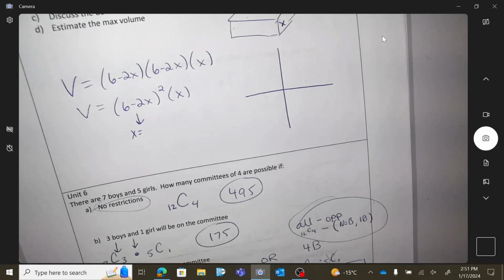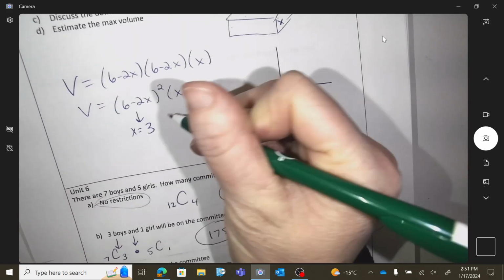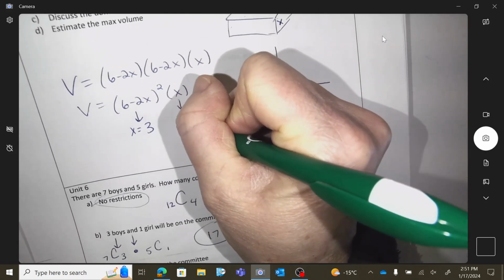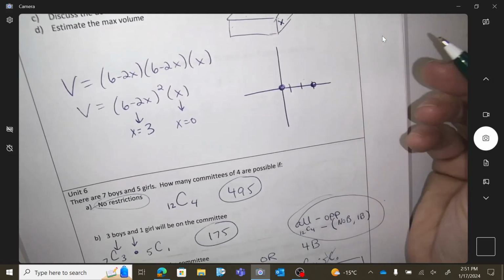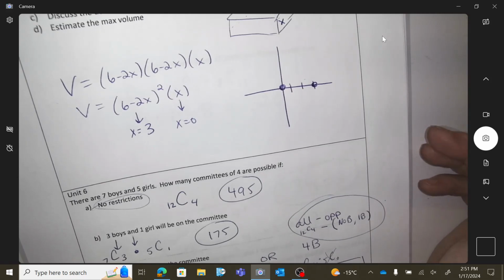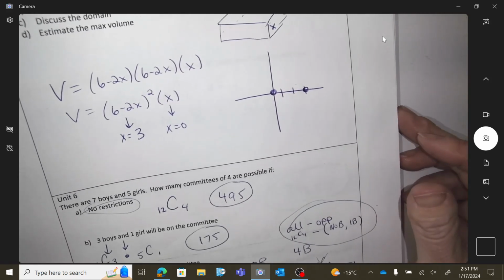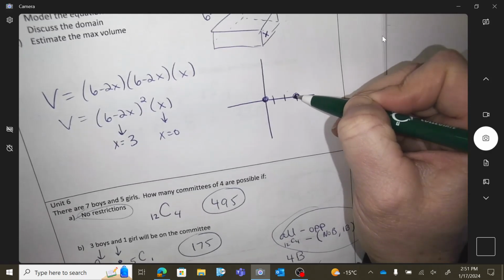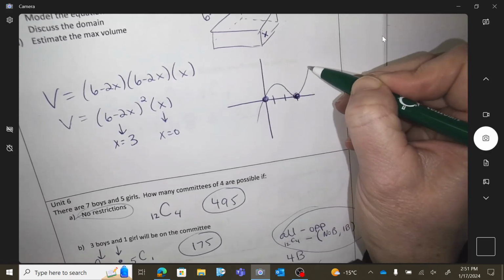What causes that to be 0? 3. And 0. It's a cubic, so there's a bounce here, remember? Squared, there's a bounce.